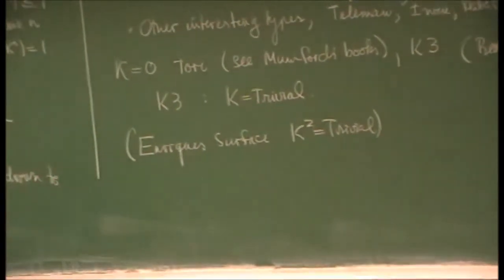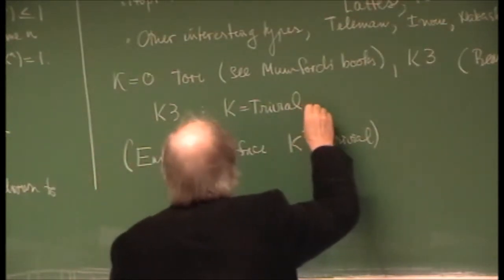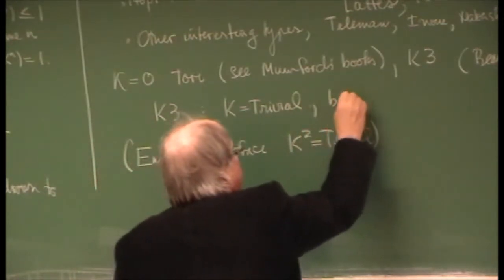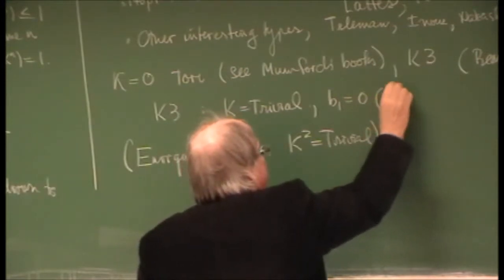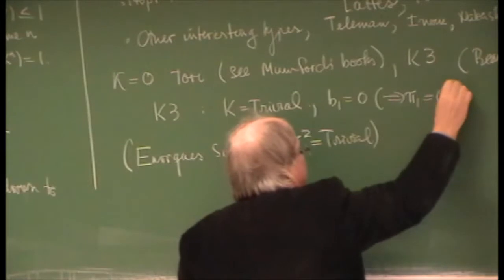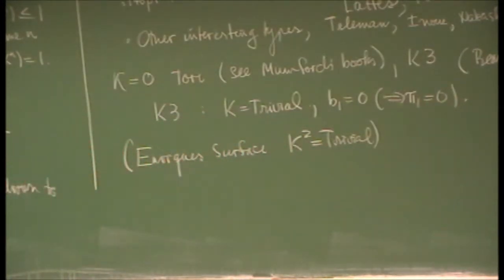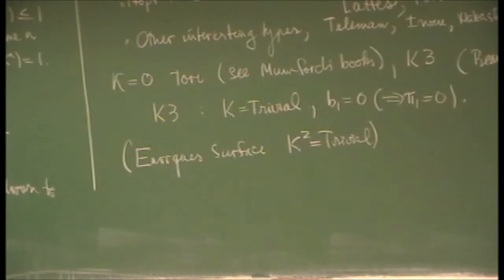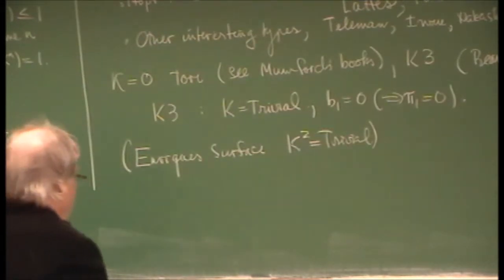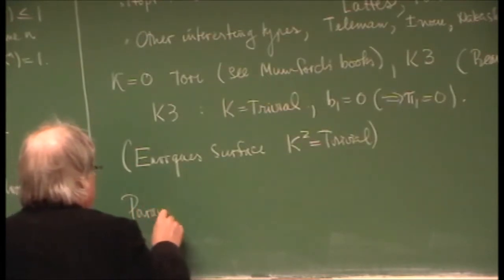And the difference is a 2-to-1 covering. But let's stick with this and the first Betti number 0. As I said this morning, this implies, with some serious work, that the fundamental group is simply connected. Now, what I said this morning, I will just repeat. These are parameterized with additional structure.